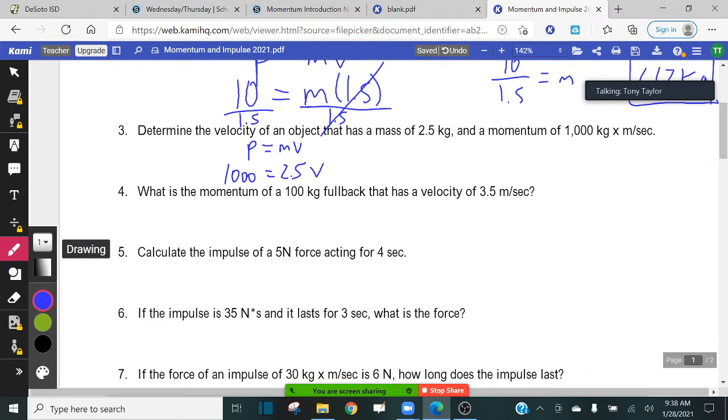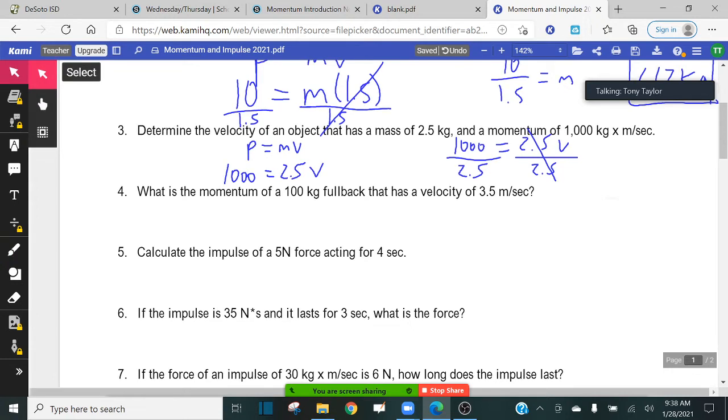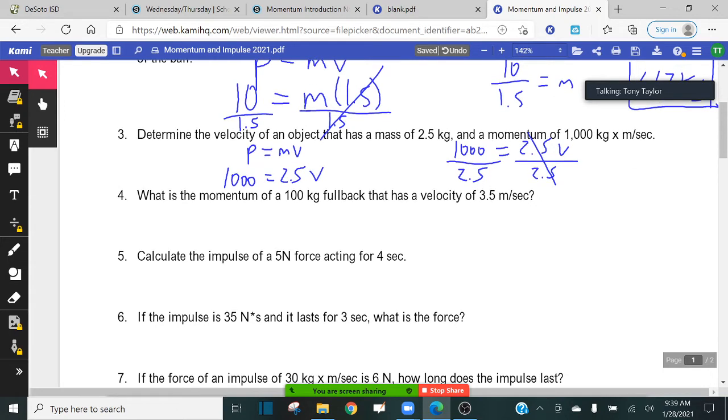That's really easy. You guys know how to solve this equation for velocity, right? Because if you have 1,000 is equal to 2.5 times v, you just divide both sides by 2.5. That goes away. Whatever you do to one side of the equation, you have to do to the other. When we solve for v on number 3, we're left with 400.